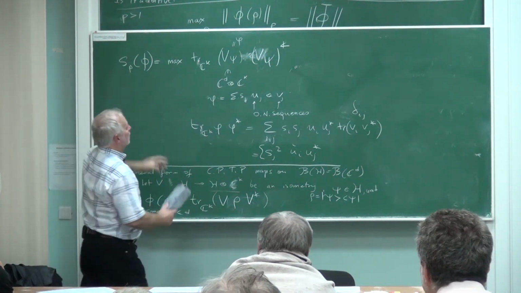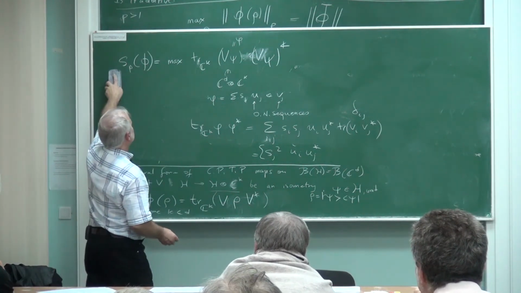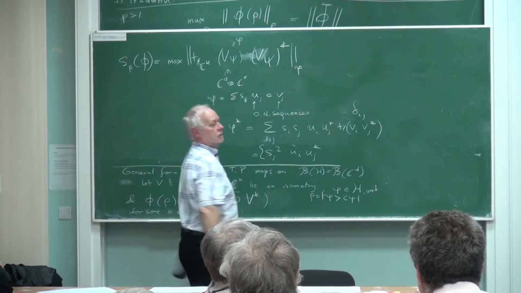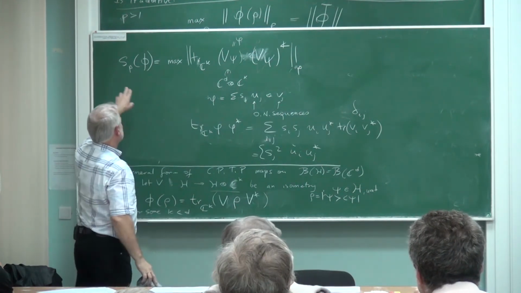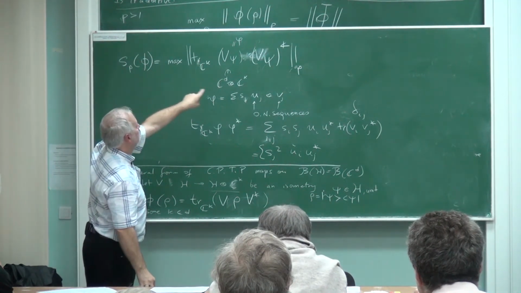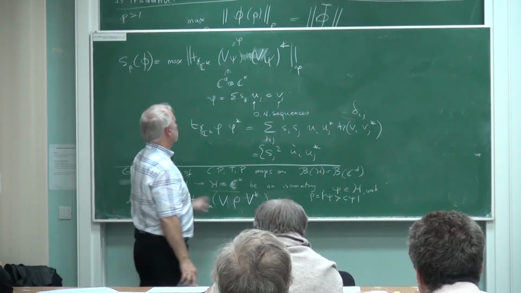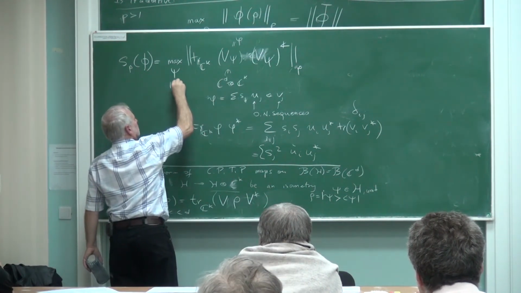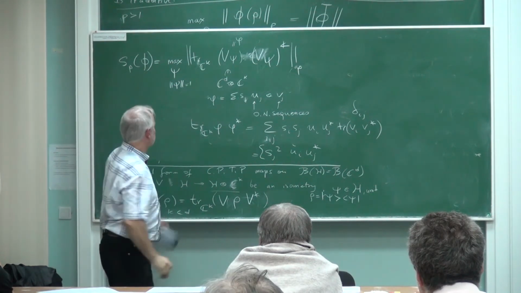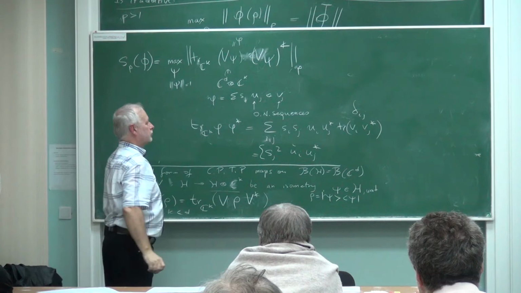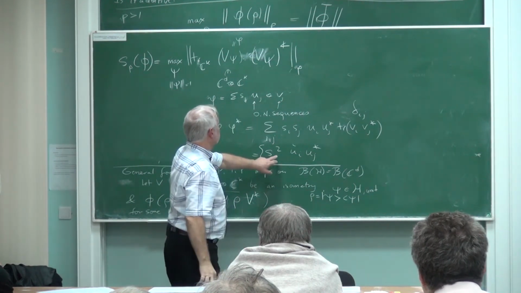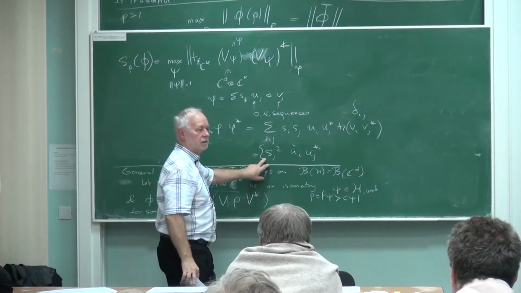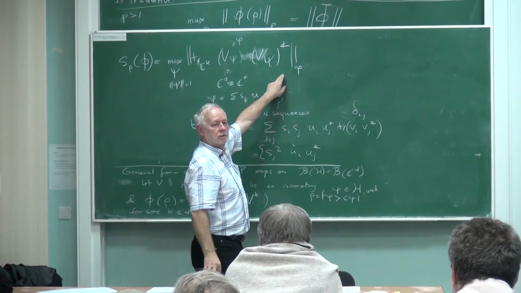So now let's go back here. We are looking at what is the maximum. Well, it will be the norm p, right? Because this was by definition the maximum of the p-th norm of whatever is the application to a state psi, so it will be the maximum over psi, norm of psi equal to 1, Euclidean norm. Okay, so now what am I getting here? Here I get a diagonal matrix in that basis with those eigenvalues, and now take a p-th norm of it, the Schatten p-th norm.